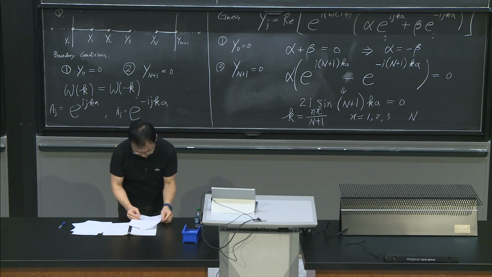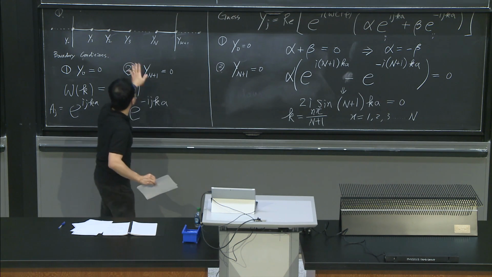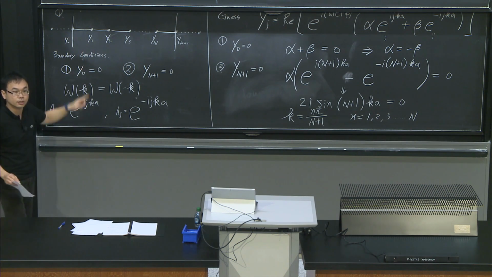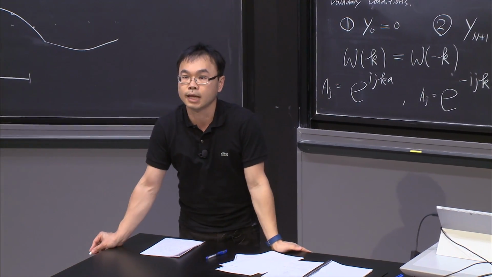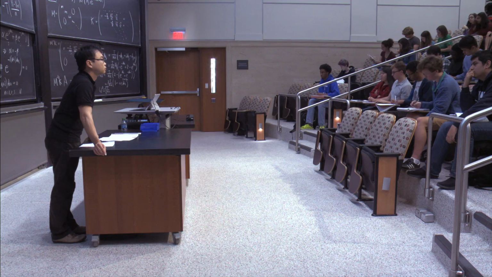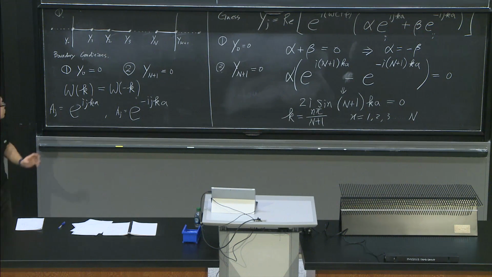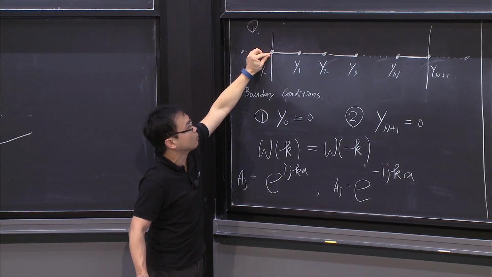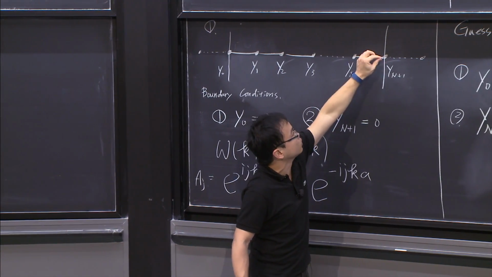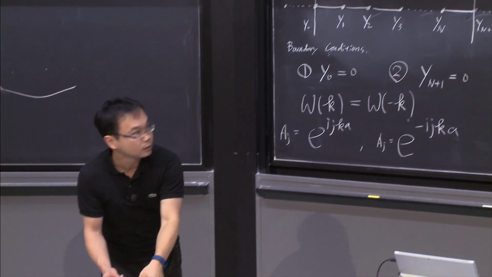So what does that mean? This means that originally, before I introduced the boundary condition, this system is infinitely long, and it has an infinite number of normal modes, right? But once I introduce these boundary conditions, where I require y_0 equal to 0, because I fixed this point on the wall, and y_{N+1} equal to 0, because I fixed also that point on the wall, something really happened.